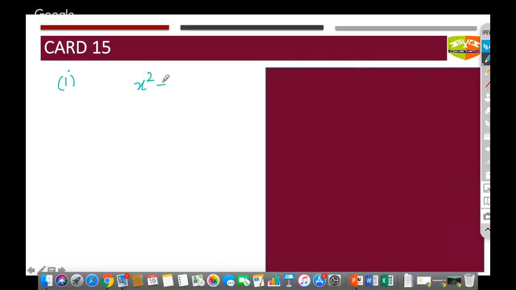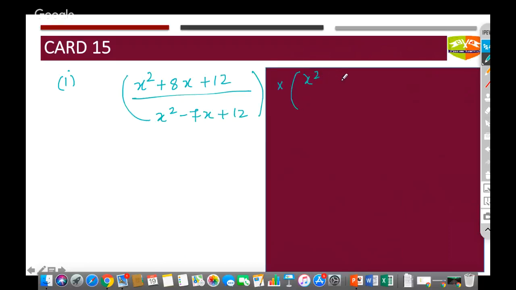I am taking the first question over here, and this is a CBSE question. This is x square plus 8x plus 12 divided by x square minus 7x plus 12, multiplied by x square plus 4x minus 12 divided by x square minus 5x plus 4, and I have to write it in simplest form.